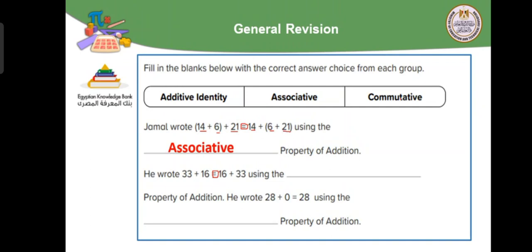Excellent, commutative. Then, property of addition, he wrote 28 plus 0 equals 28. Here 0 means nothing, so we get the same number as the result when adding. So this is called additive identity.